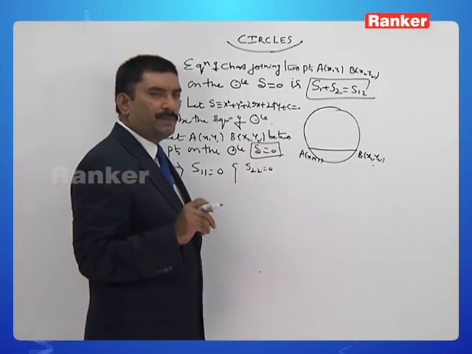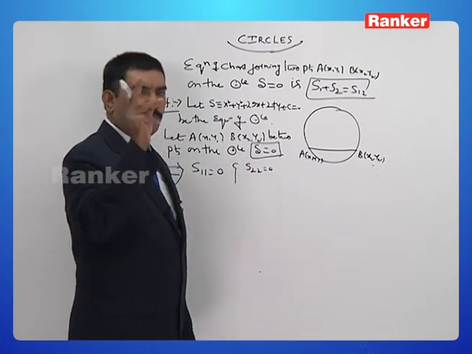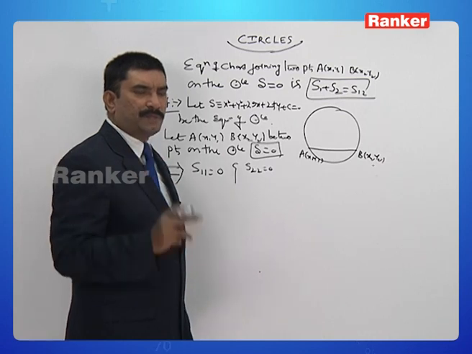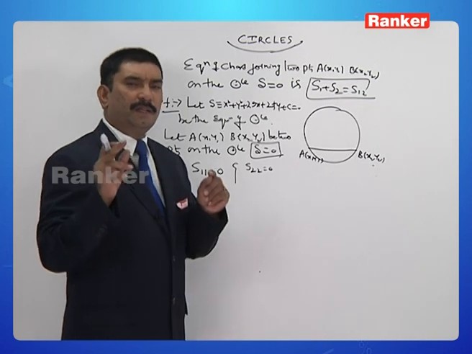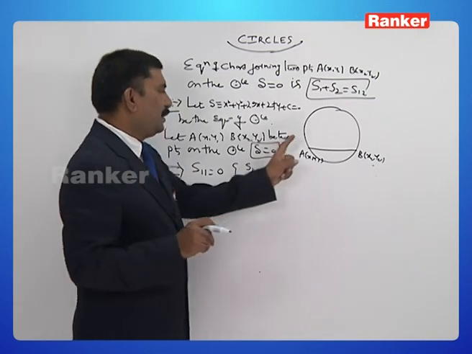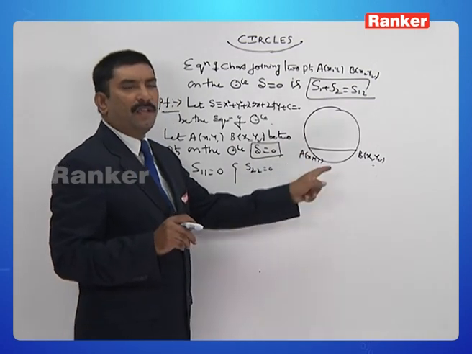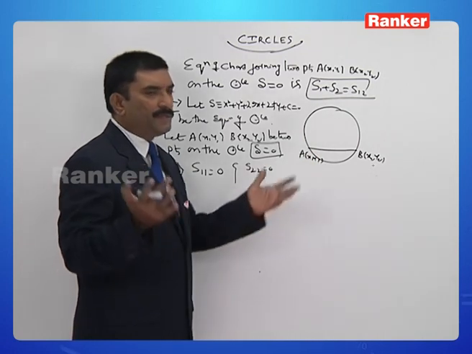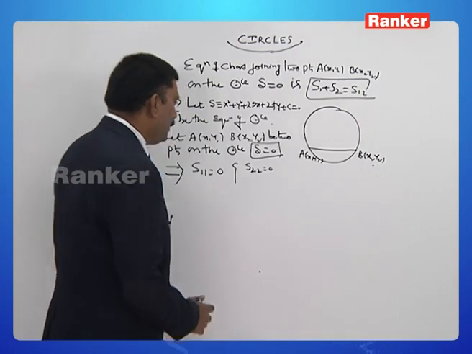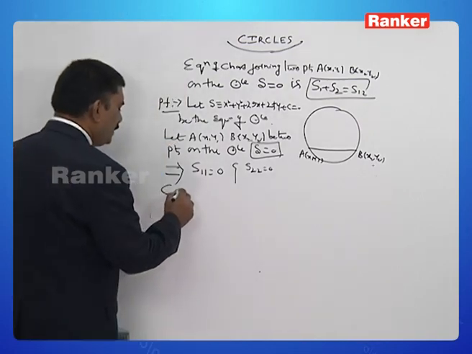S22 is x2 square plus y2 square plus 2gx2 plus 2fy2 plus c. Since these 2 points lie on the circle, S11 is equal to 0 and S22 is equal to 0.